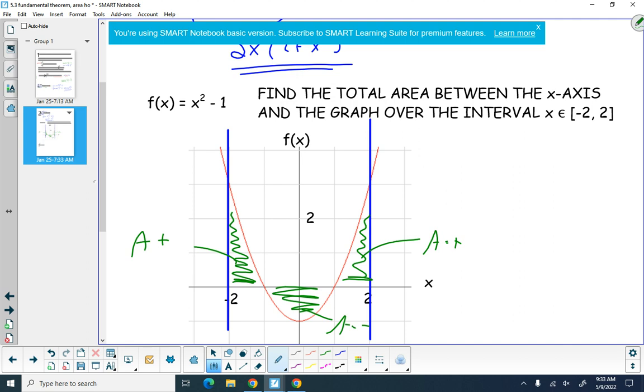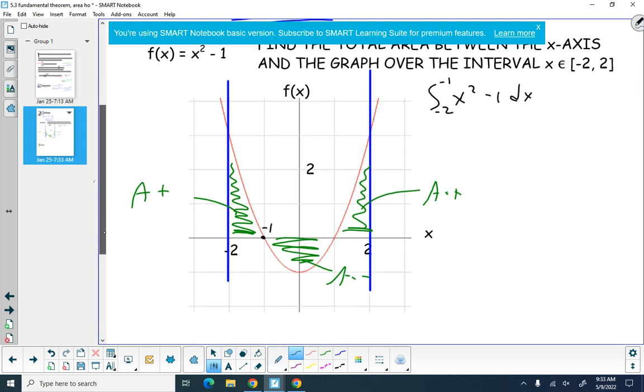So we had to break our integral into 3 integrals at that point. So we have the integral from -2 to -1, because this is our value, -1, of our function x squared minus 1 dx. Please make sure you incorporate your dx there, because you're going to have to write out these functions.